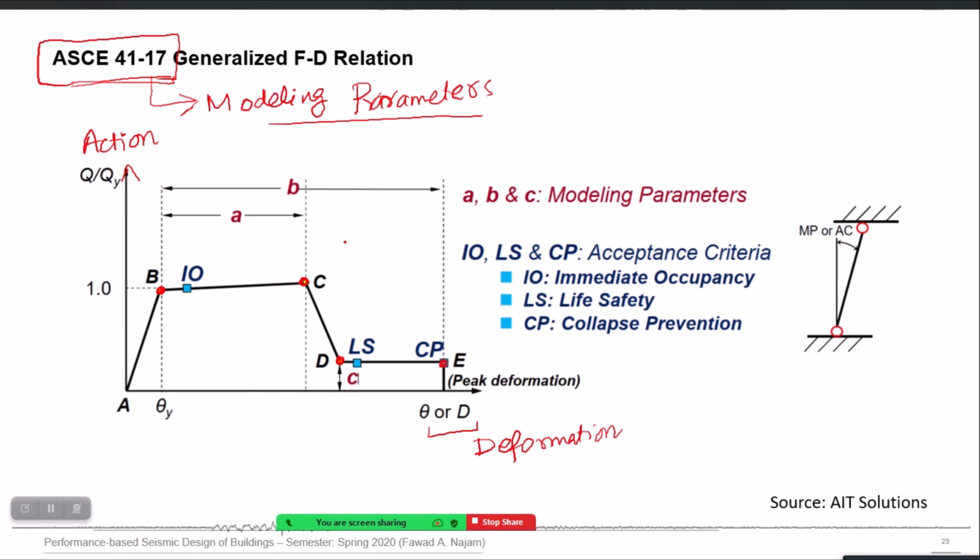These points it defines, and then it gives you the values for the shape of this black line in the form of three modeling parameters, called small a, small b, and small c. Small a is the deformation value from the yield point up to the ultimate point, and small b is from the yield point up to the last point on that action versus deformation curve.